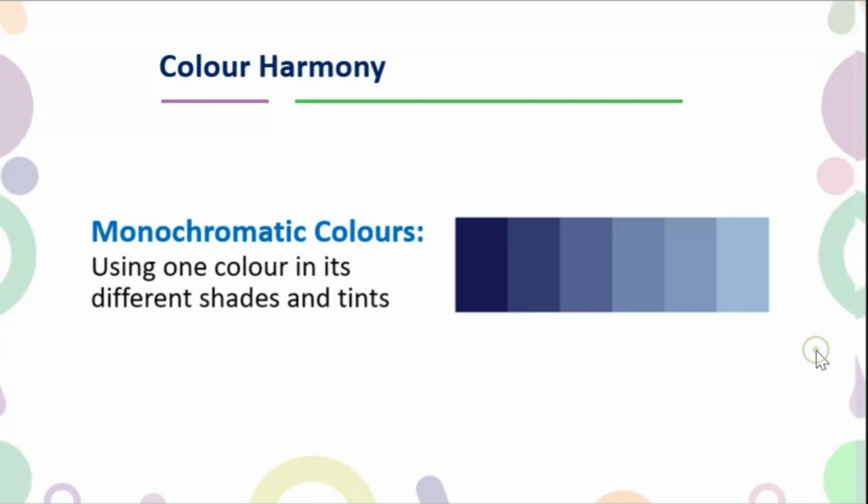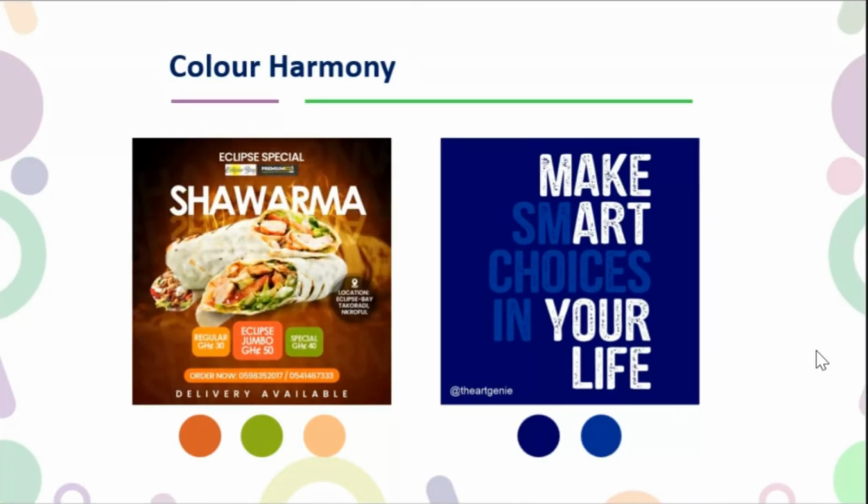So let's look at an example of how somebody used a color palette in his design. In the first design, we have a shawarma design, somebody designing for a food. You can see that the person has used a color palette. You can see orange, lemon green, and a lighter orange there.